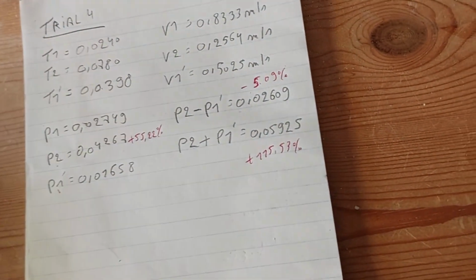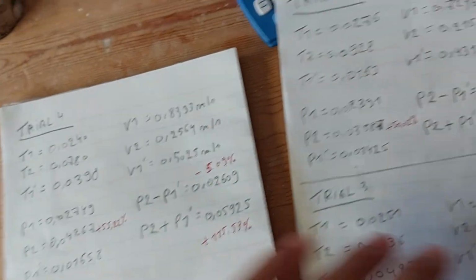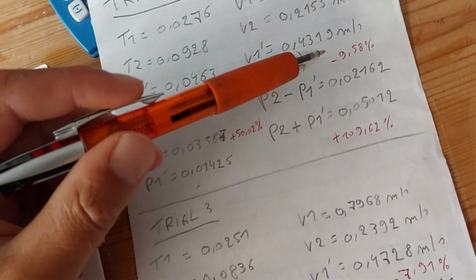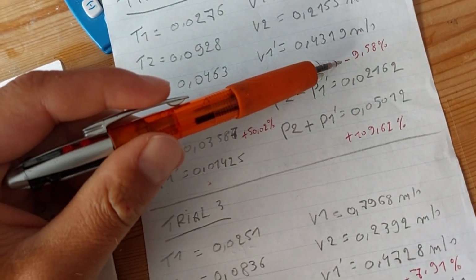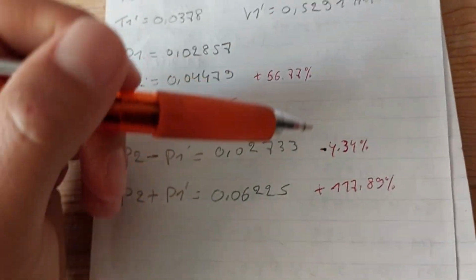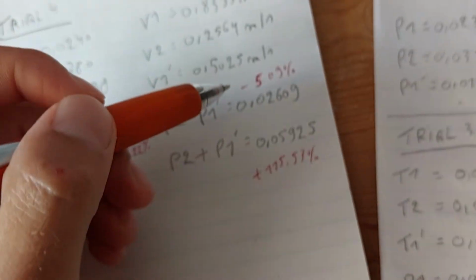So as we can see, for conventional science, in every case we have lost some momentum. We have lost a maximum of around 9% momentum. Trial 1, we lost 4%, then 9%, then 7%, and then 5%.